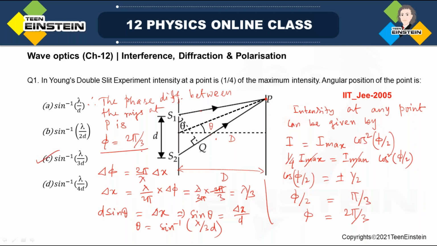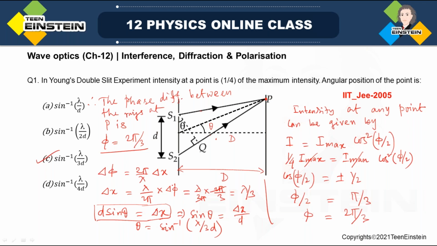So this is what we have done. Actually we have found out the path difference, and this is in terms of angular position. So in terms of that we have obtained d sin theta. So these two are equal actually.